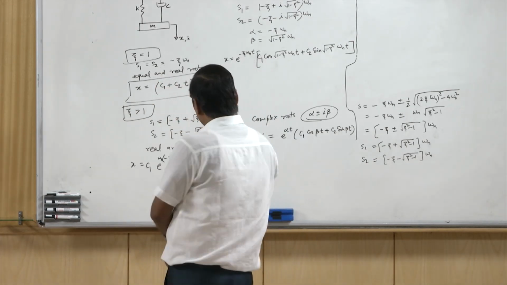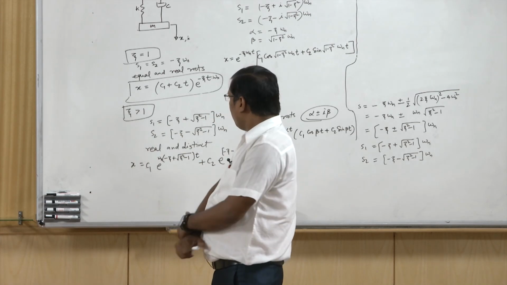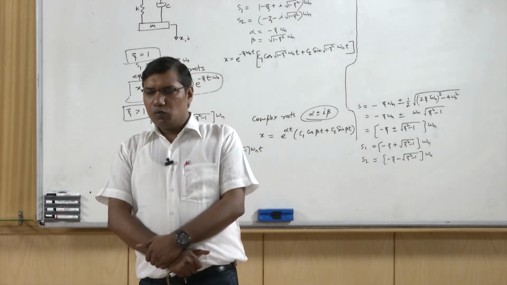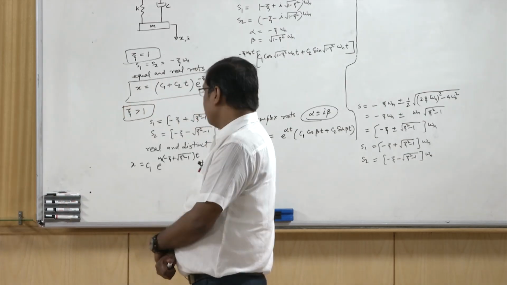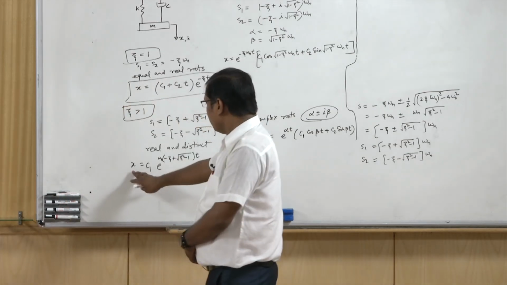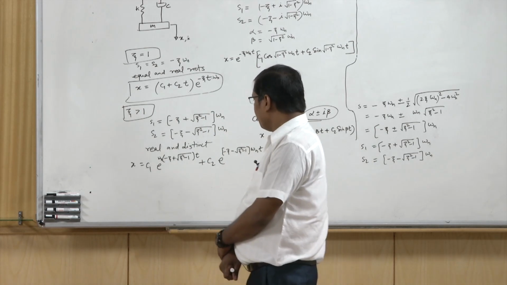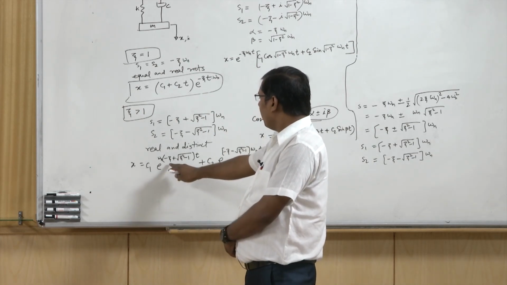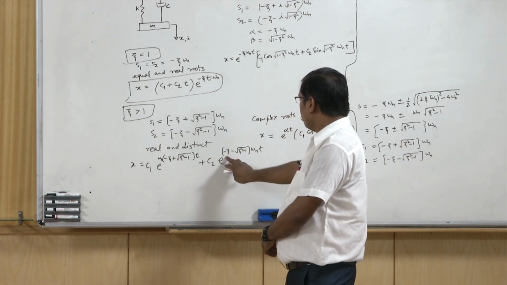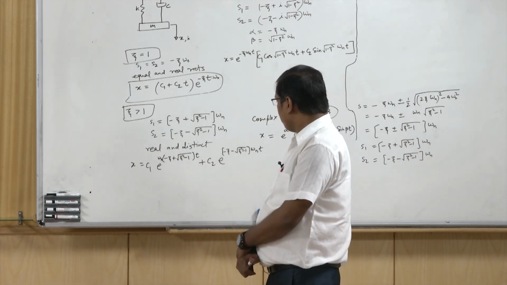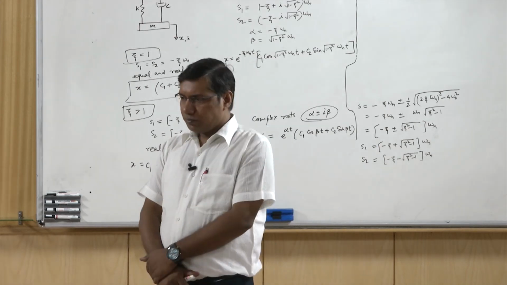When zeta is greater than 1, we have two real and distinct roots, and the response of the system is x equal to C1 e power omega n minus zeta plus root zeta square minus 1 t plus C2 e power minus zeta minus root zeta square minus 1 omega n t.